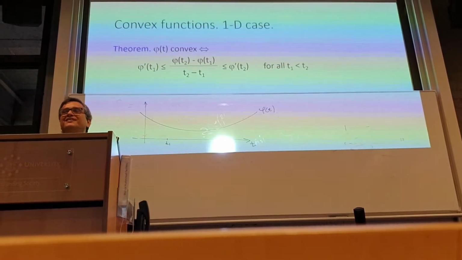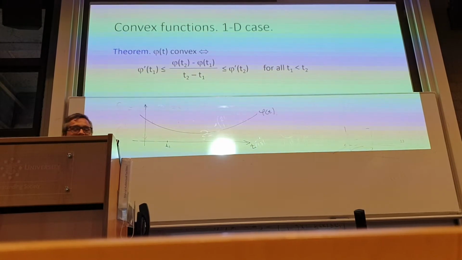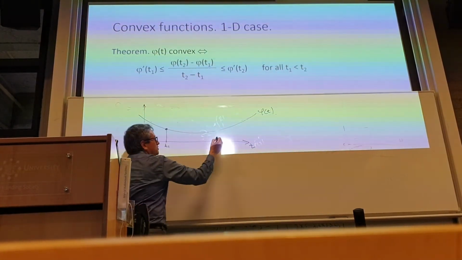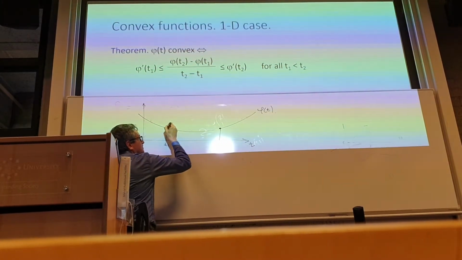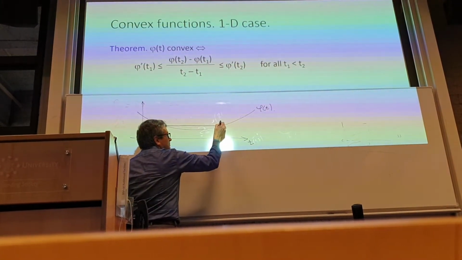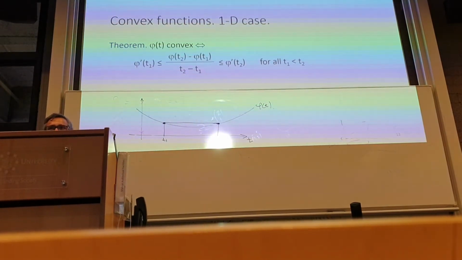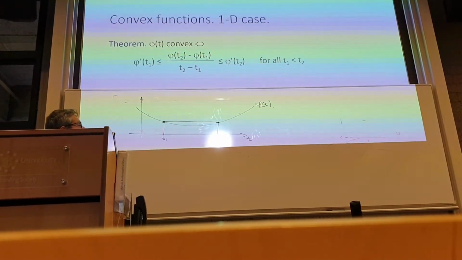Yeah? The slope of the line crossing the points T1 and T2. Thank you. So it's the slope, if I do this, the slope of this line. This is the middle term, the slope of this line.